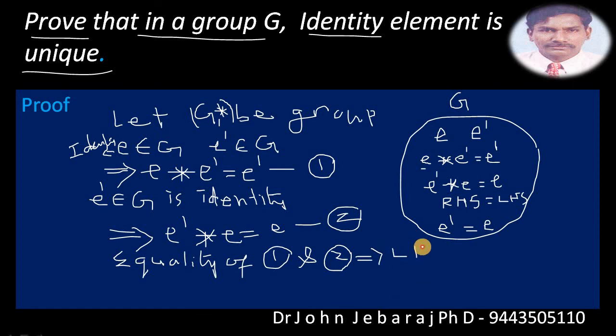Left hand sides are equal, therefore the right hand sides are equal. So E dash equals E, which implies that the identity is unique.